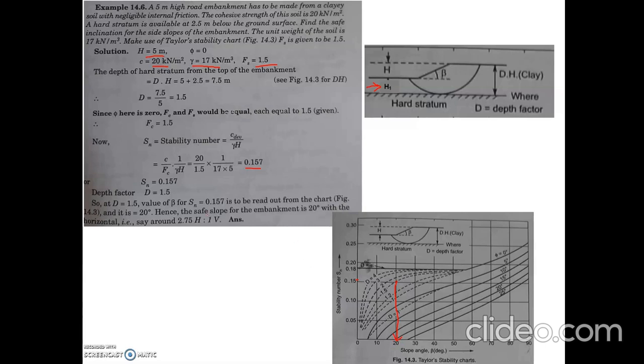So we write the safe slope for embankment is equal to 20 degree. That means we have found out the value of beta for corresponding value of stability number, which is 0.157, and this curve, that is for D equal to 1.5. So beta value is 20 degree.